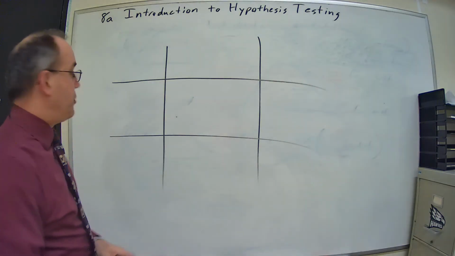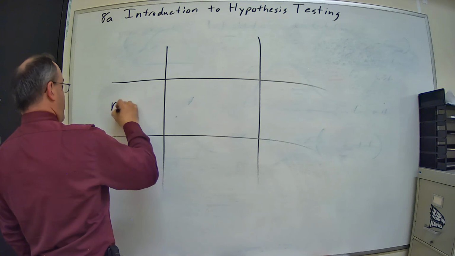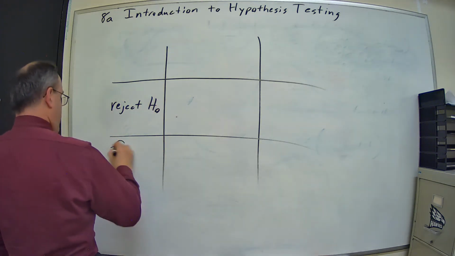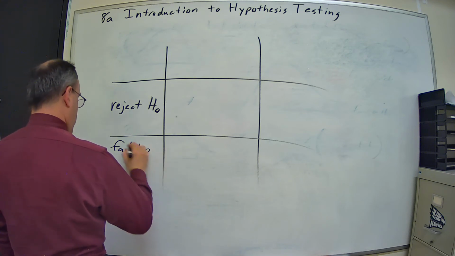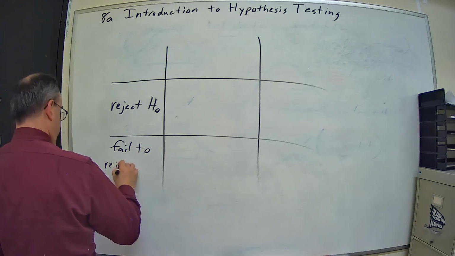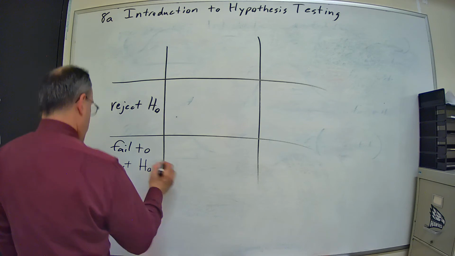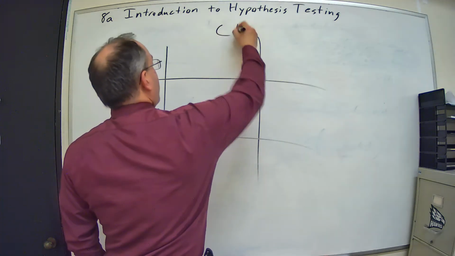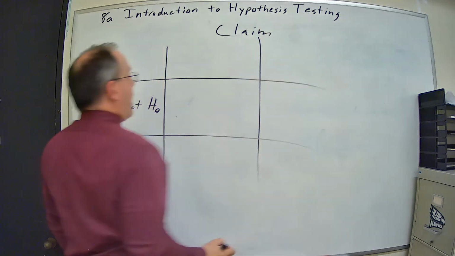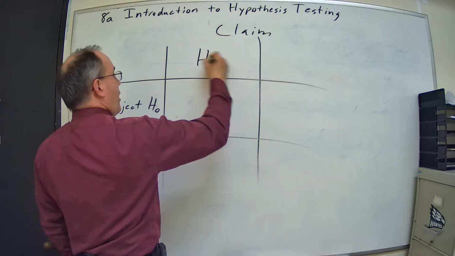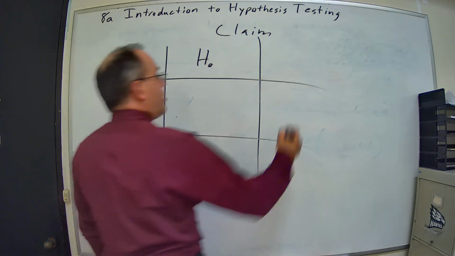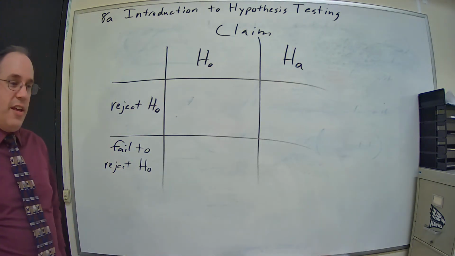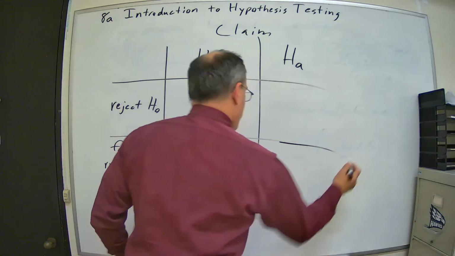So remember, the possibilities are we reject the null hypothesis or we fail to reject the null hypothesis. Either the claim is the null hypothesis or the claim is the alternative hypothesis. So these are the four pieces we're going to put together.